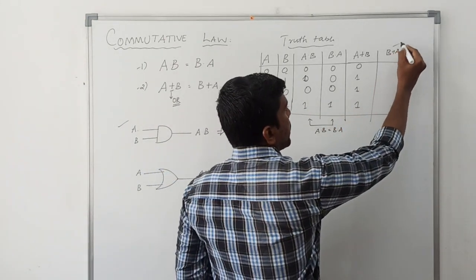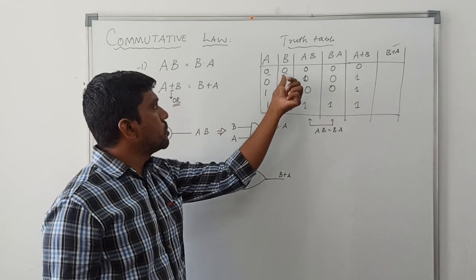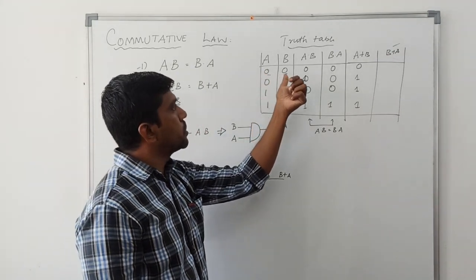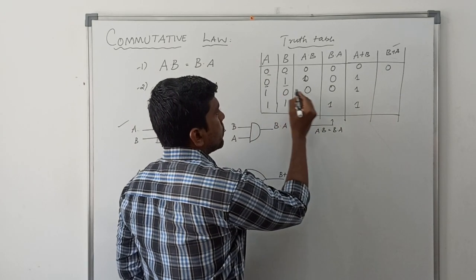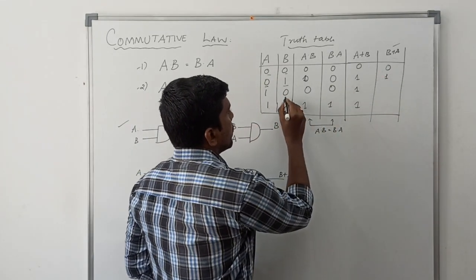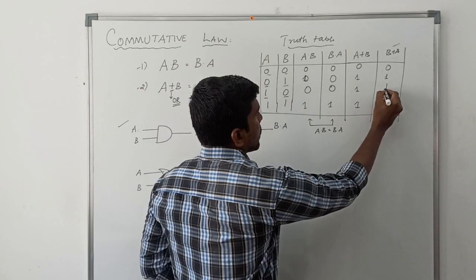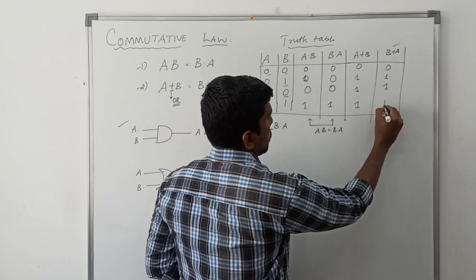Then come to B plus A. B value is 0, A value is 0, so 0 plus 0, output is 0. 1 plus 0 is 1, 0 plus 1 is 1, 1 plus 1 is 1.